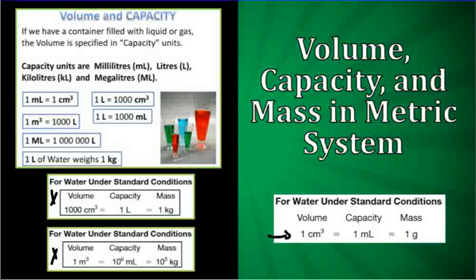And over here in grams, we have 1 cubic centimeter is the same as 1 milliliter, which is the same thing as 1 gram in mass. We're going to be using those conversions today in our sample problems.